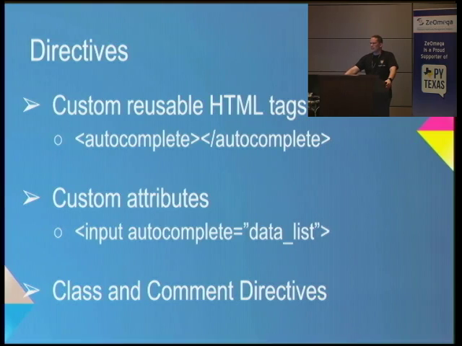I haven't really used those a lot. I don't know why you would really want to do a directive for a comment. That kind of seems weird, but the more common ones are you want to create a tag, you want to create an attribute. You can tell Angular, only use this for tags or only use this for attributes, or you can mix the two. So it's up to you.